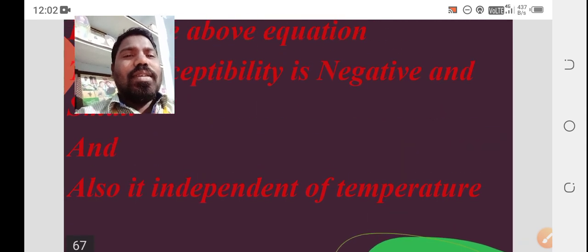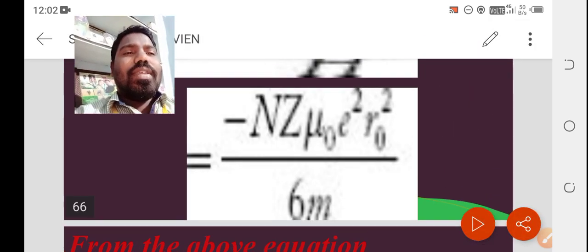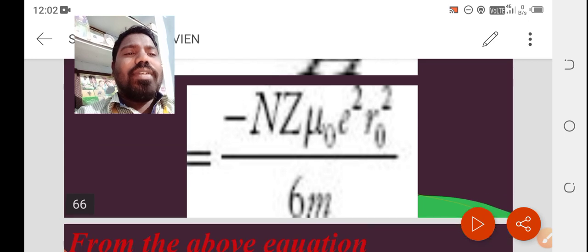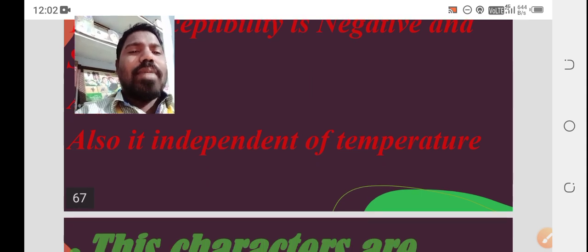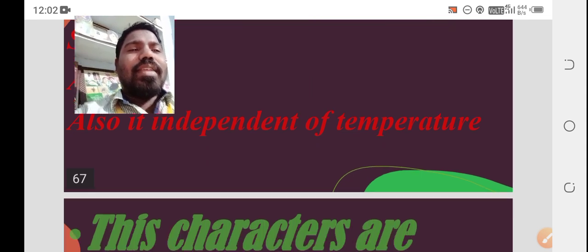Finally, in this equation we never found a temperature term. So we can simply say that the susceptibility of diamagnetic material is independent of temperature.